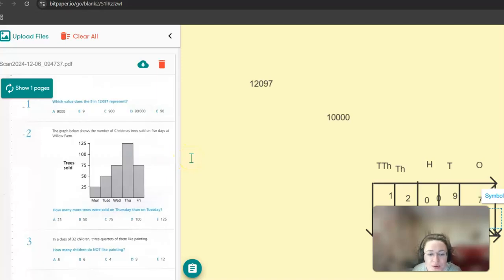So moving on from place value and thinking about graphs, which, fortuitously, as it has just been the season of Christmas, is showing the number of Christmas trees sold on 5 days at a farm. And we're being asked to think about how many more trees were sold on Thursday than on Tuesday. I'm getting a bit carried away.